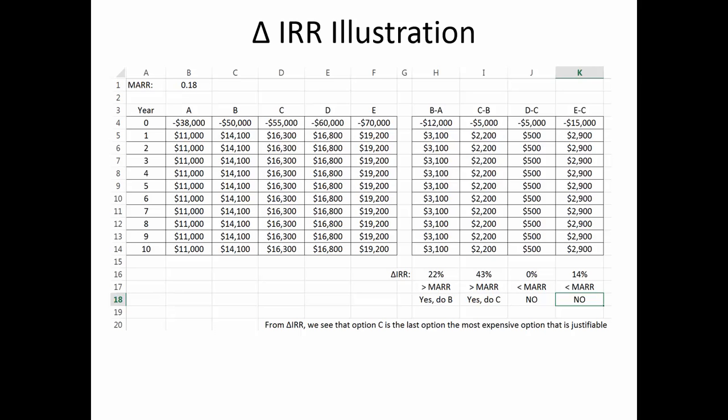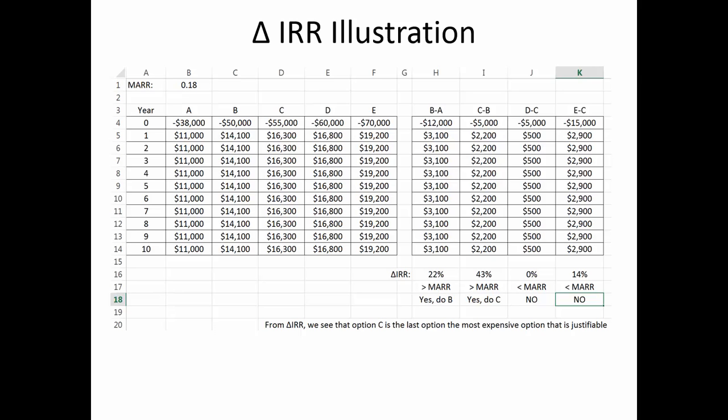You'll see the difference in cost is $12,000 and the difference in revenue is $3,100 for each year. The internal rate of return for the increment, delta IRR, just means calculating the internal rate of return on this column. The formula is equals IRR, and then you just highlight the cells. It's a very easy formula.